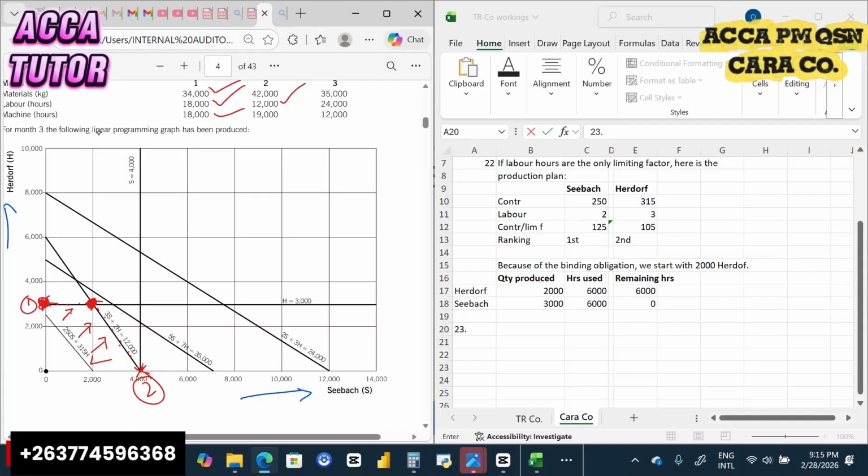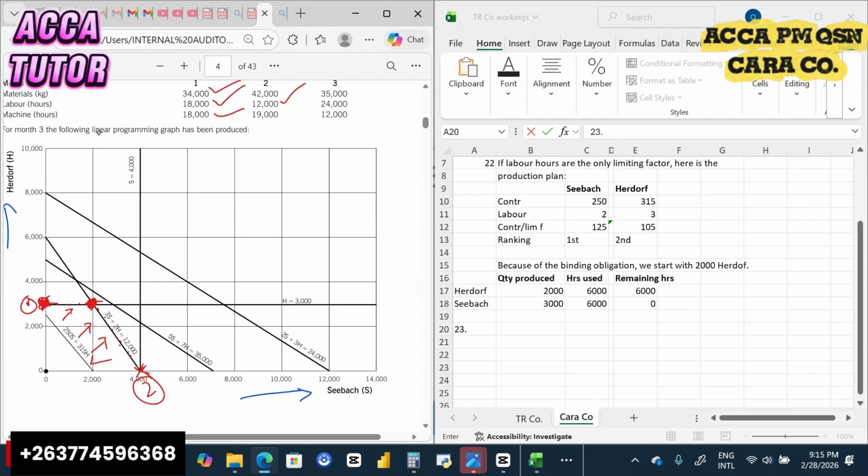But at point number 2, there are 4,000 units of C batch, but 0 head-offs. There is no head-off here, which might not be good and optimal. At point 1, there are something like 3,000 head-offs and 0 C batch, so it might not be optimal again.